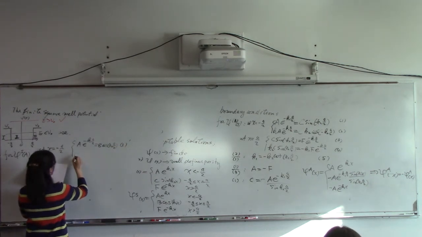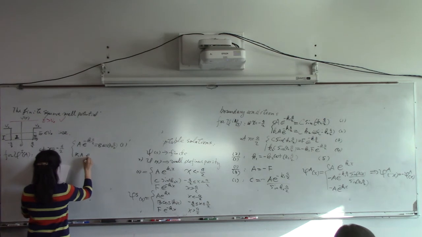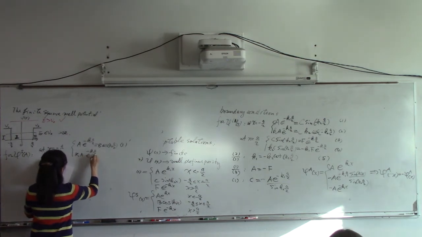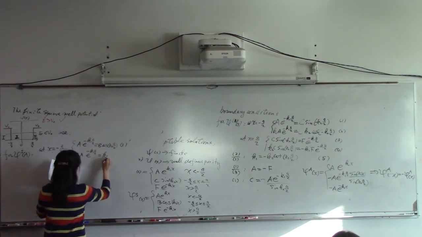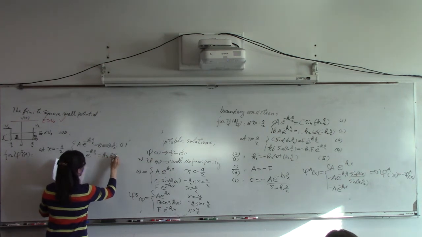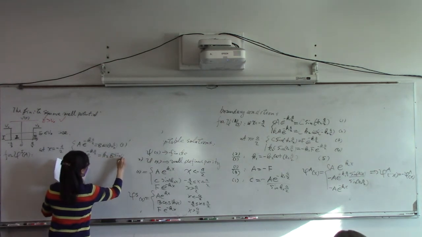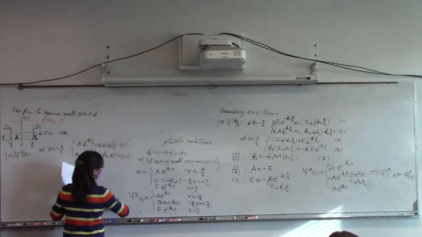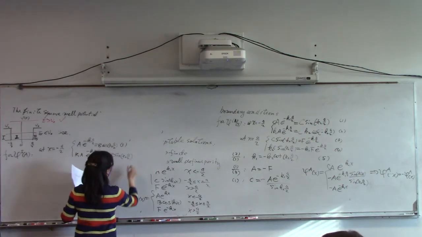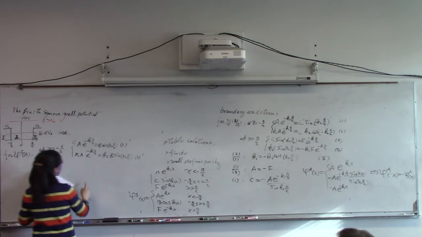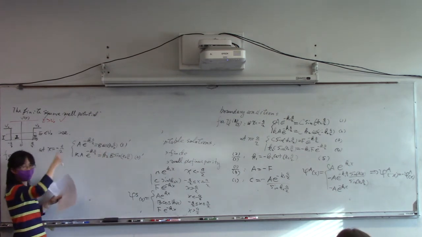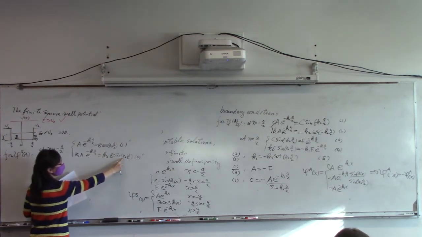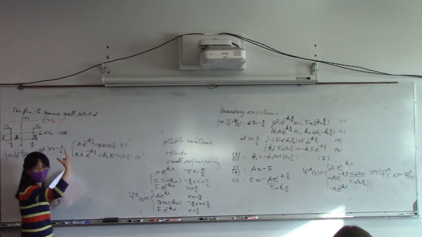And another is k1 A exponential minus k1 a over 2 equal to k2 B sine k2 a over 2, because the cosine derivative has a negative sign, so negative and negative make plus, right?